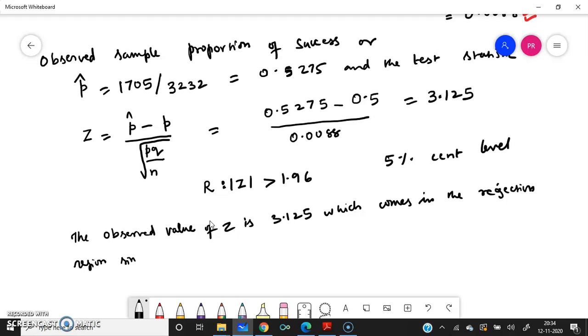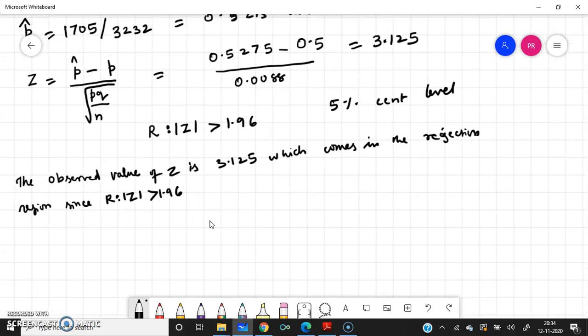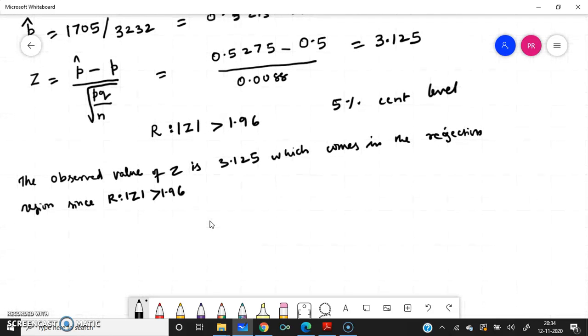Since modulus of Z is greater than 1.96, the calculated value is greater than the table value, and thus H naught is rejected in favor of H1.